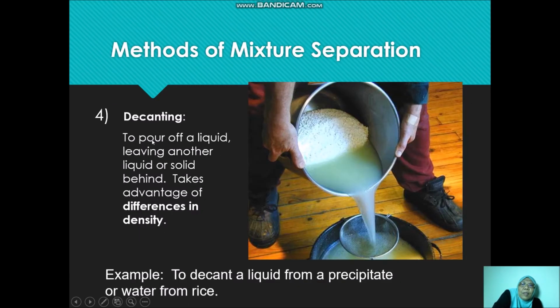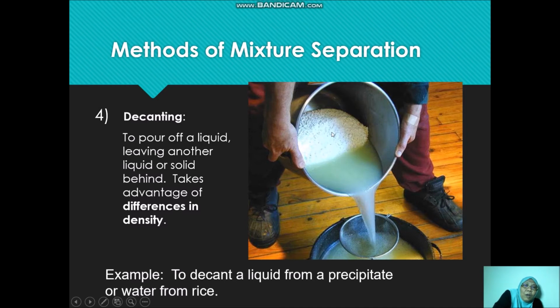Okay. Decanting. Decanting is to pour off a liquid, leaving another liquid or solid behind. It takes advantage of the difference in density. You know that if there are two substances with different density, I mean one liquid and the other solid, they will separate from each other. Here there are two layers.